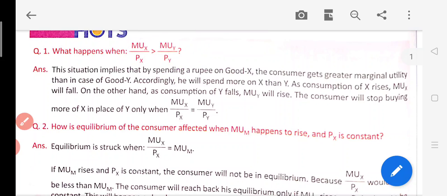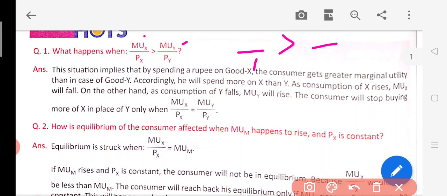See, if MUX is greater than MUY, where MU is nothing but marginal utility. Suppose PX is 1 and PY is also 1, MUX is 10 because it is greater, and MUY is 6.